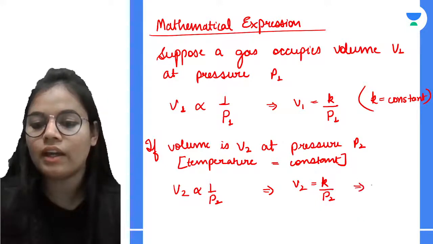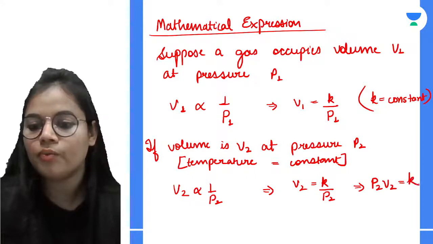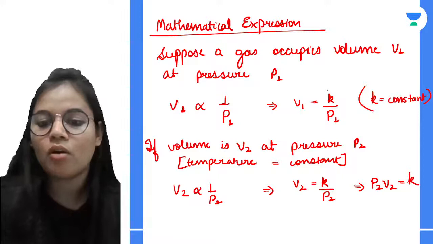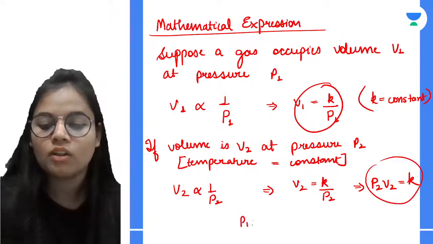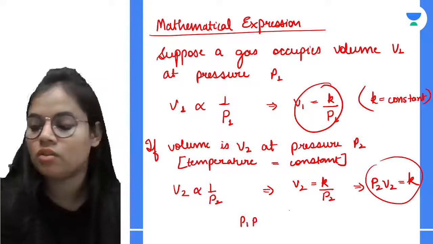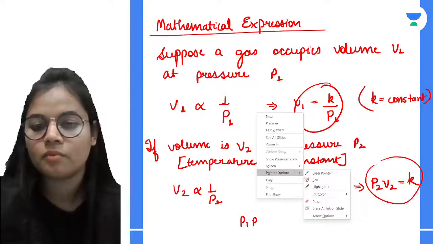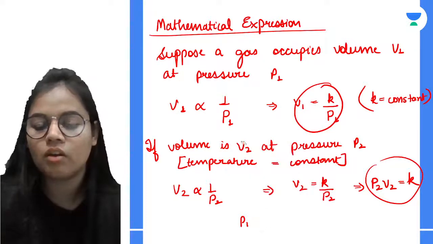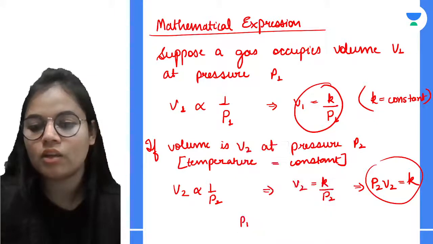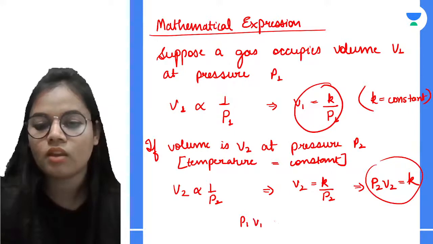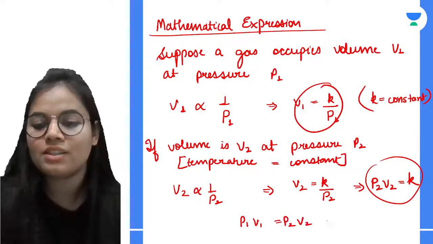So we can write V2 into P2 is equal to K. And from this equation and this equation we can write P1 V1, I'm sorry, P1 V1 is equal to P2 V2, which is equal to constant.